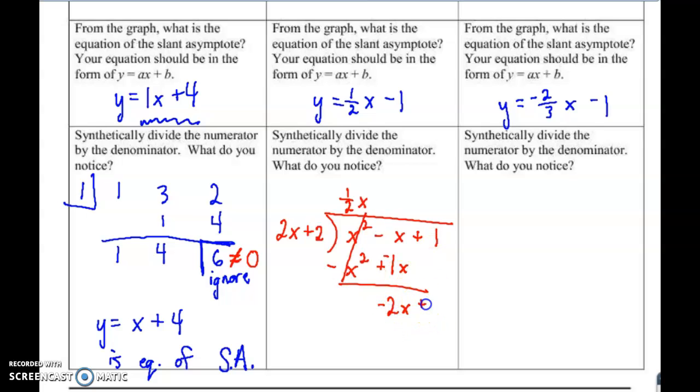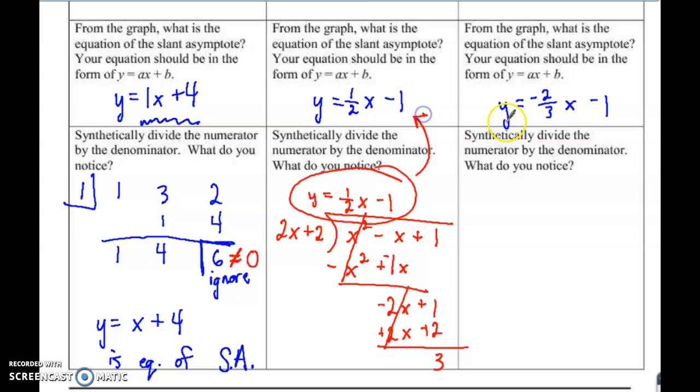And bring that 1 down. Well, 2 times negative 1 will give me negative 2x. So then distribute it, it'll be minus 2. So this cancels, and you're left with a remainder of 3. Now we ignore that remainder, but what do you notice about our answer? It matches perfectly to this.